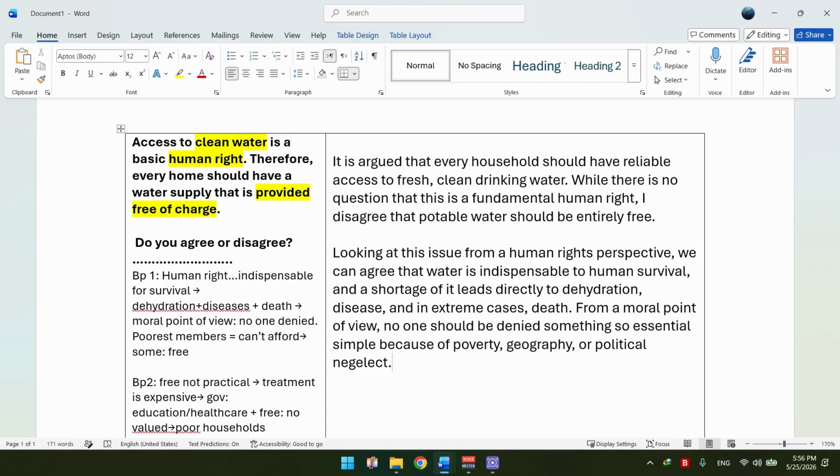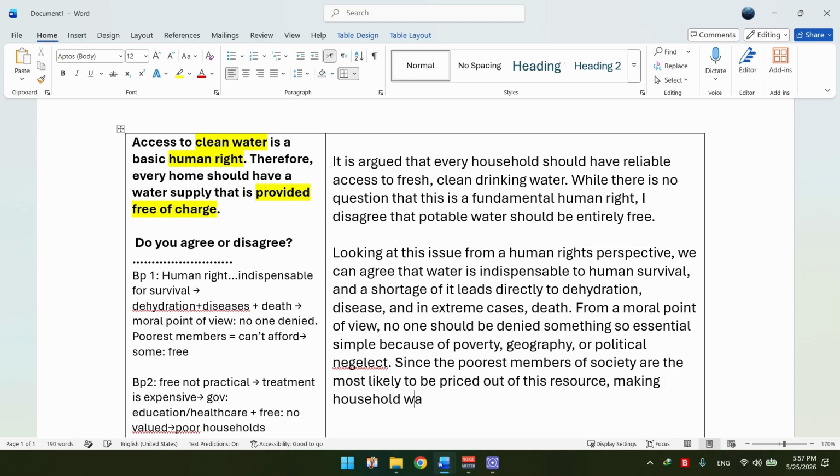All right, and since the poorest members of society are the most likely to be priced out of this resource, making household water completely free.